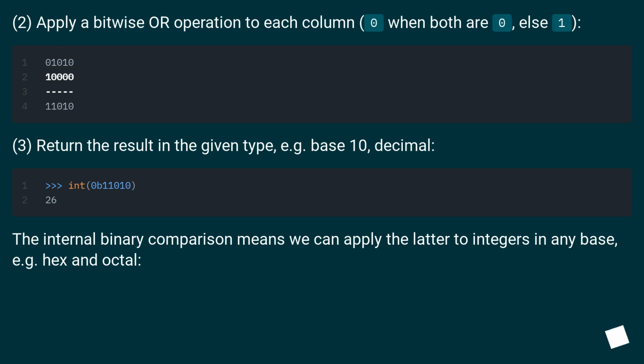Apply a bitwise OR operation to each column: 0 when both are 0, else 1. 3. Return the result in the given type, for example base 10, decimal. The internal binary comparison means we can apply the latter to integers in any base, for example hex and octal.